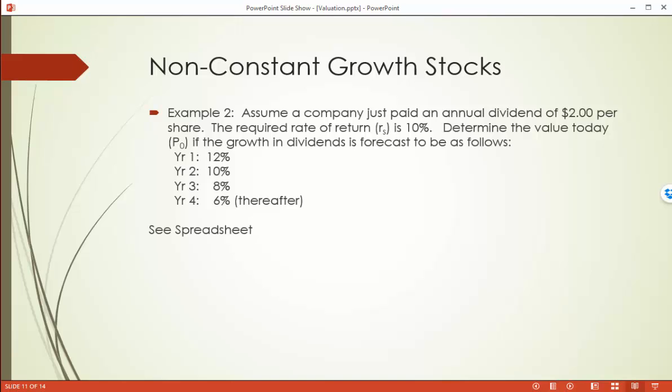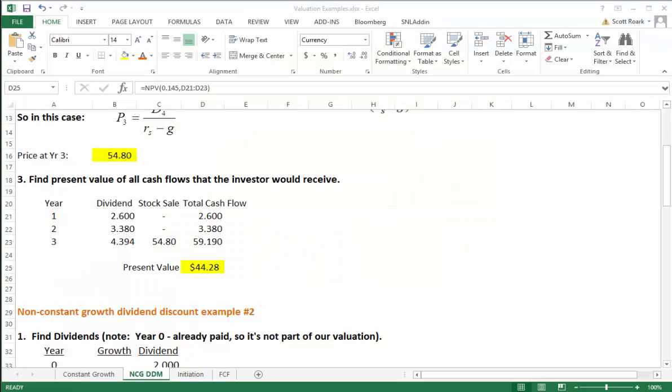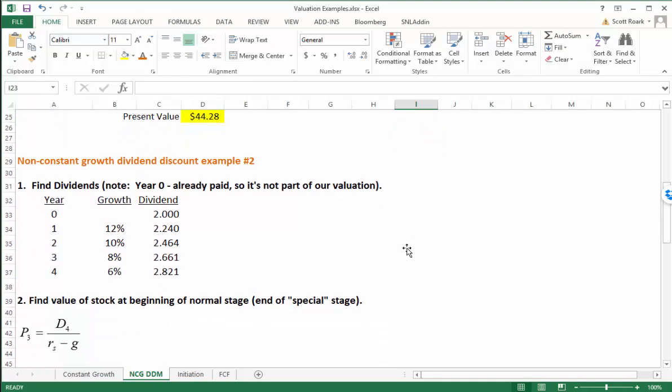This is maybe a slightly stylized version of how growth rates would change over time. They're generally going to diminish until they hit that constant growth rate. So here we don't have just one special growth rate. We've got 3 before we get to our constant growth rate, but that doesn't really change the process here.